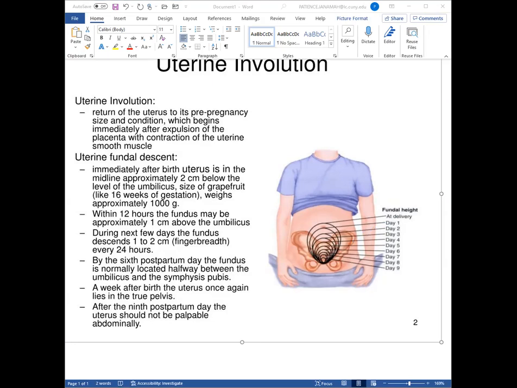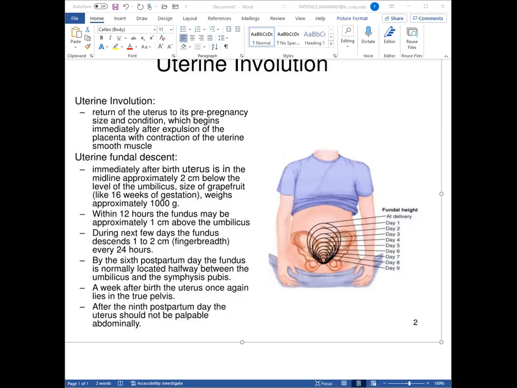So the involution is a rapid decrease in the size of the uterus as it returns back to its non-pregnant state. It's a period in which the uterus gradually returns to its normal size. So clients who breastfeed will experience a quicker involution than those who do not breastfeed, because production of breast milk involves the release of oxytocin.